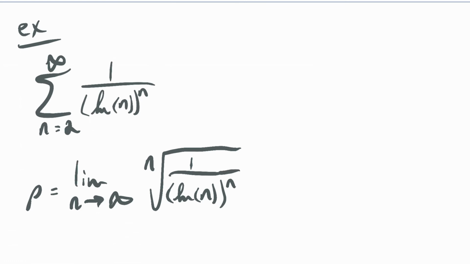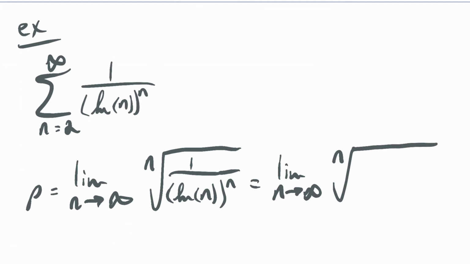This can be rewritten as the limit, because the numerator is also 1 to the n power, the same thing we did in the previous example, as n goes to infinity of the nth root of 1 over ln of n to the nth power.